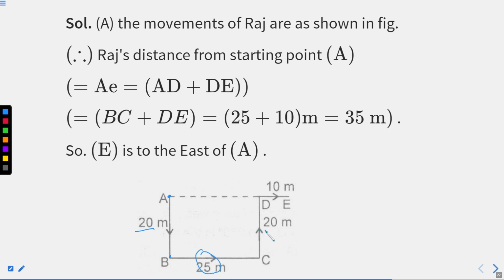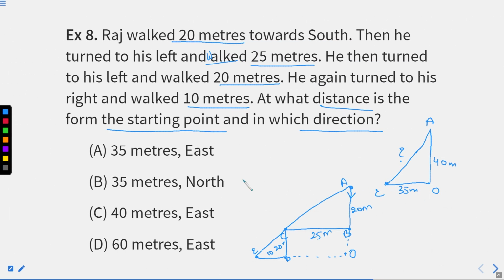From point C to D 20 meters, D to E 10 meters, and he is initially at this point. So the total distance that he has to cover, that is 25 plus 10, comes out to be 35 meters, and he is facing towards east right now, right? So you can see the question, 35 meters towards east, right?